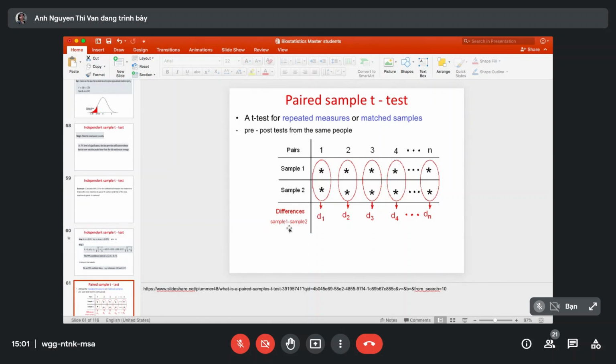You take the value of sample 1 minus the value of sample 2 in the same pair, and you will get the difference. So you will get a new data set, D1, D2 until Dn. The n is the number of objects, or the sample size, okay? The small n here is the sample size. And we will work on this data set, D1 to Dn, the differences between data in each pair.